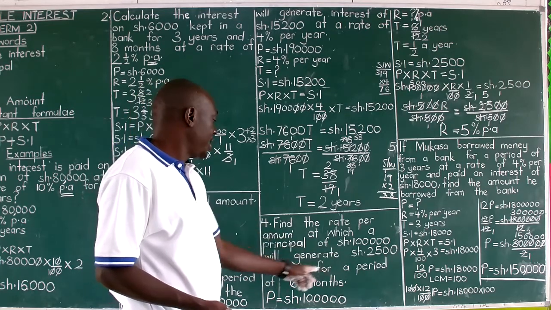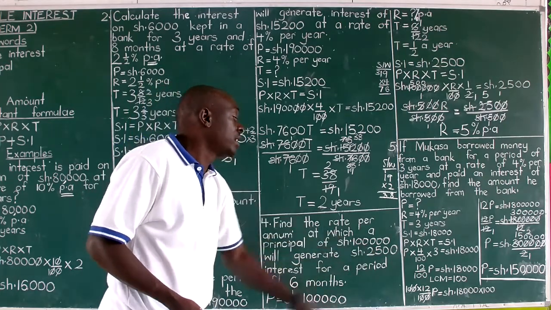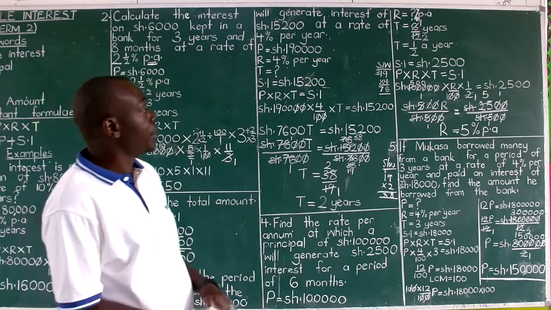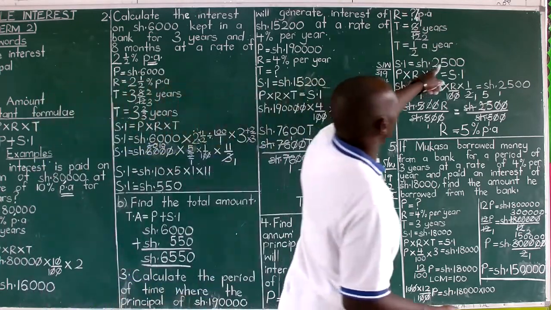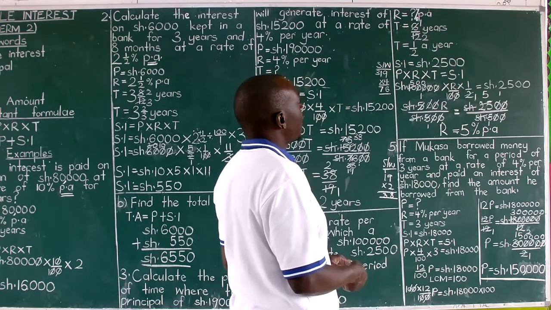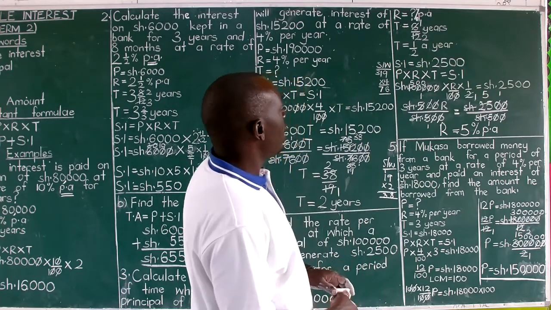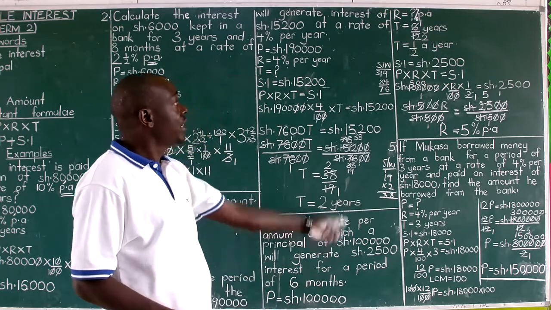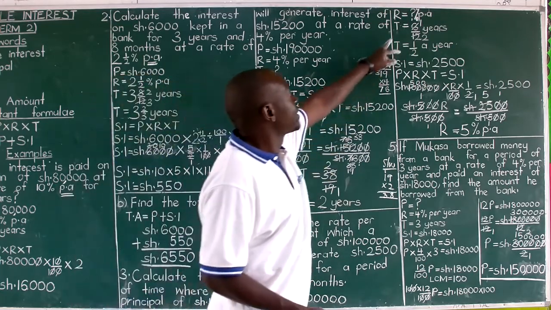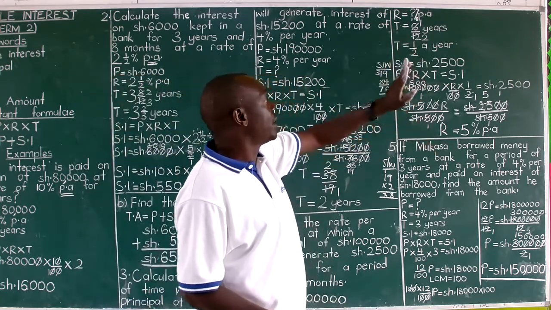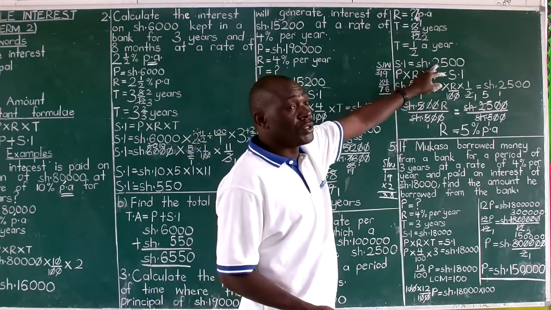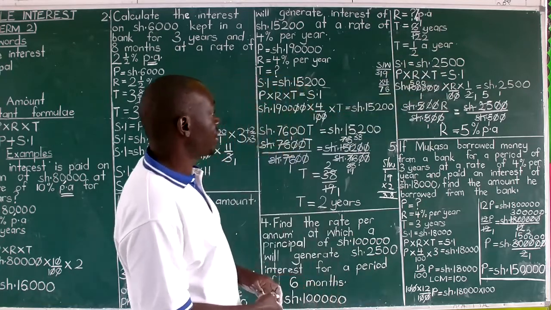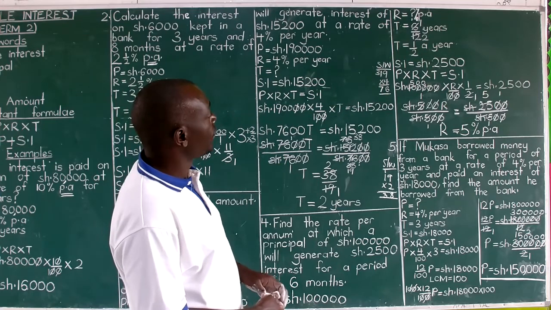We get this interest of 2,500 shillings. So simple interest is equal to 2,500 shillings. Then start working out. We have the principal, which is 100,000 shillings. The rate is the question mark. The time is half a year. You know why now. Then the simple interest is 2,500 shillings. Then find the rate of interest.